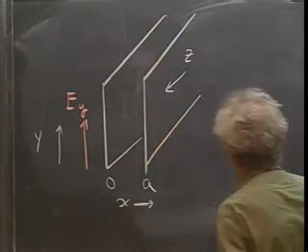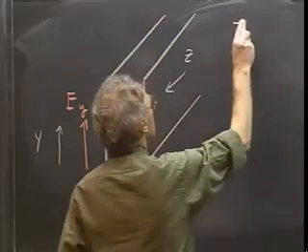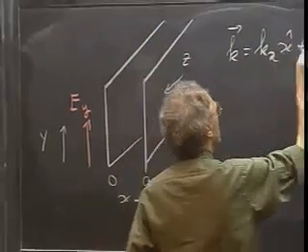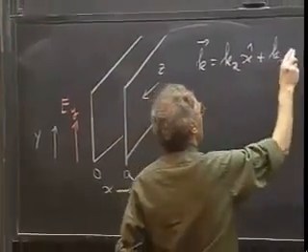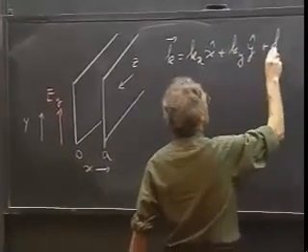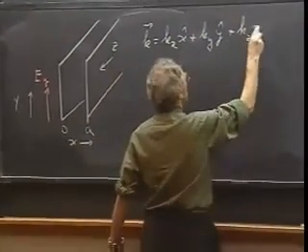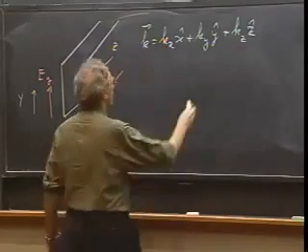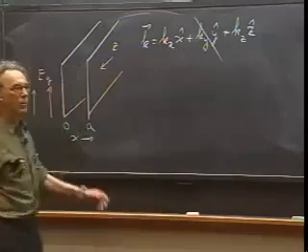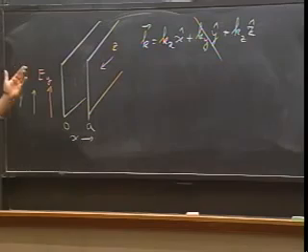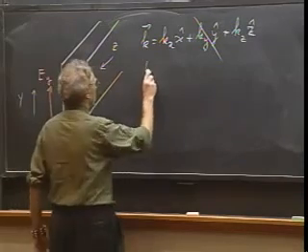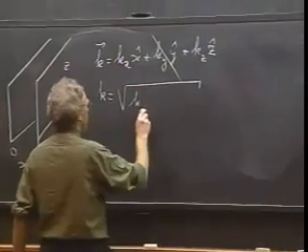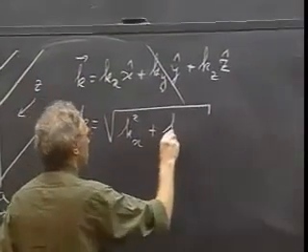Well, K, this is beginning to be boring now, it's Kx times x roof plus Ky y roof plus Kz z roof. And Ky is 0 because there is no dependence of the E field in the y direction. So K is the square root of Kx squared plus Kz squared.